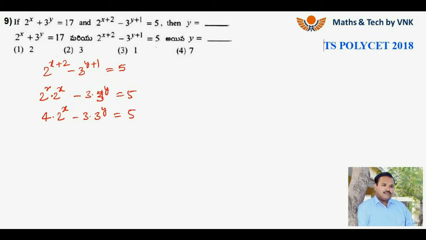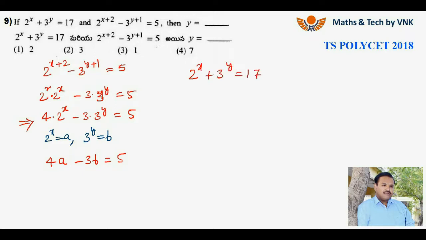Now consider 2 power x is equal to a and 3 power y is equal to b, then this equation can be written as 4a minus 3b is equal to 5. Now equation 1 can be written as 2 power x plus 3 power y is equal to 17.